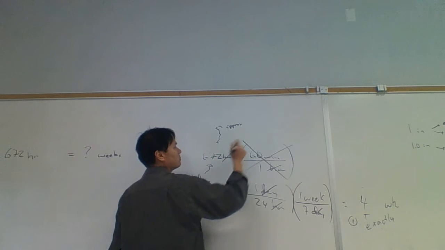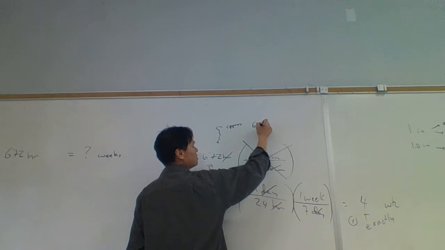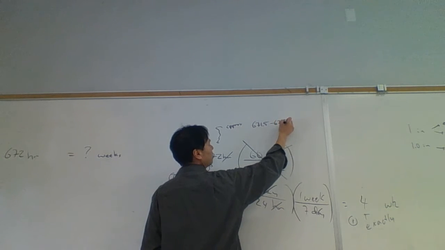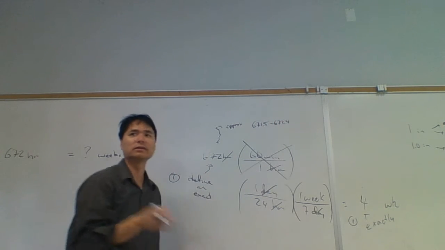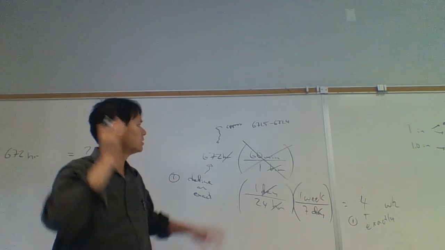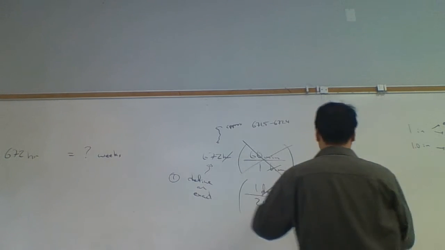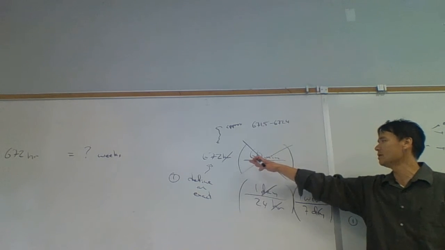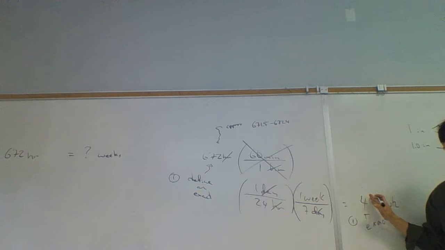If this were approximate, it would range from 671.5 up to 672.4, just like the sterling silver had that little range, right? Since there's some wiggle room here, there's going to be wiggle room in the weeks.